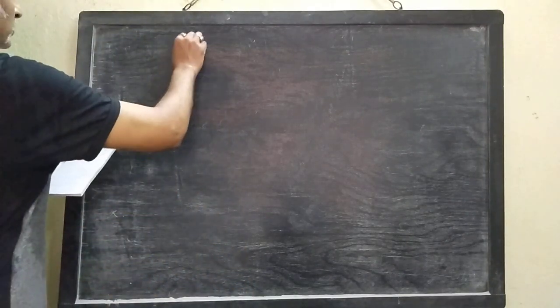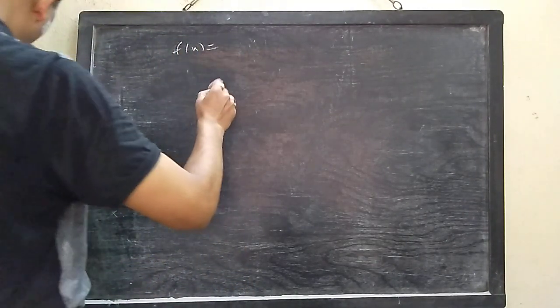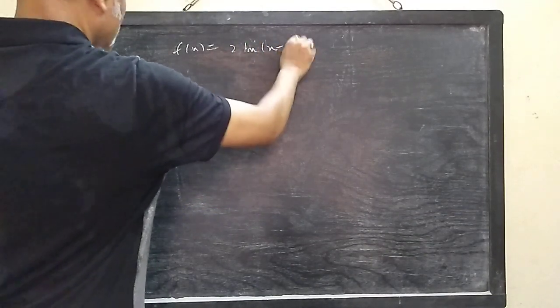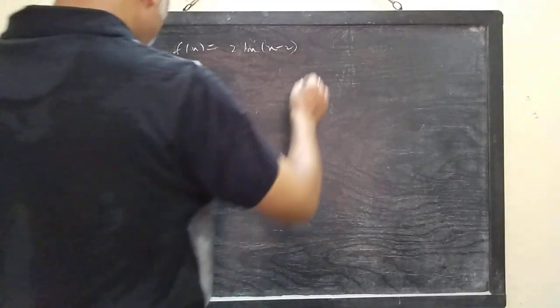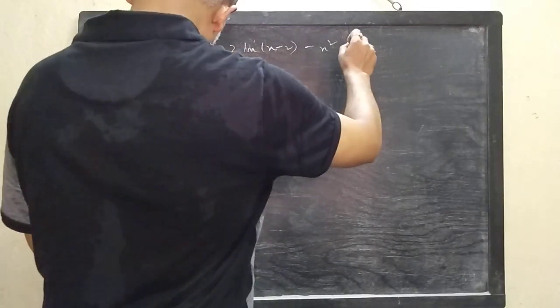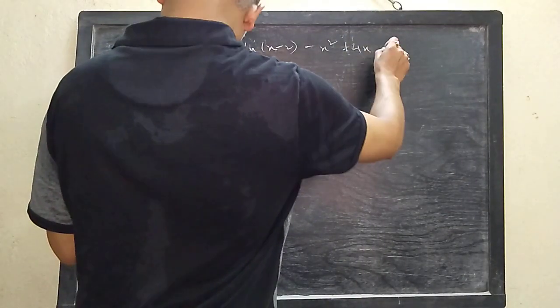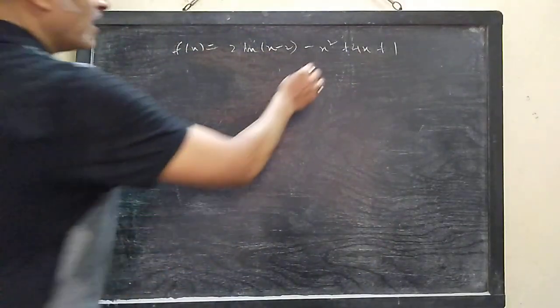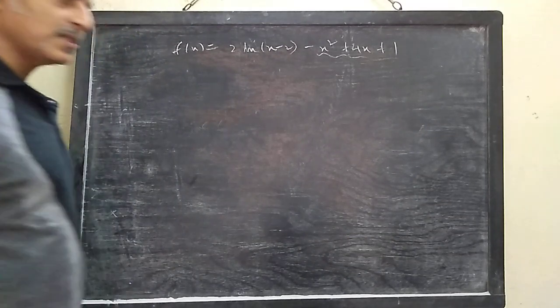f(x) equals twice ln of (x minus 2) minus x square plus 4x plus 1. Look, this part is a polynomial function. This is defined for all x.